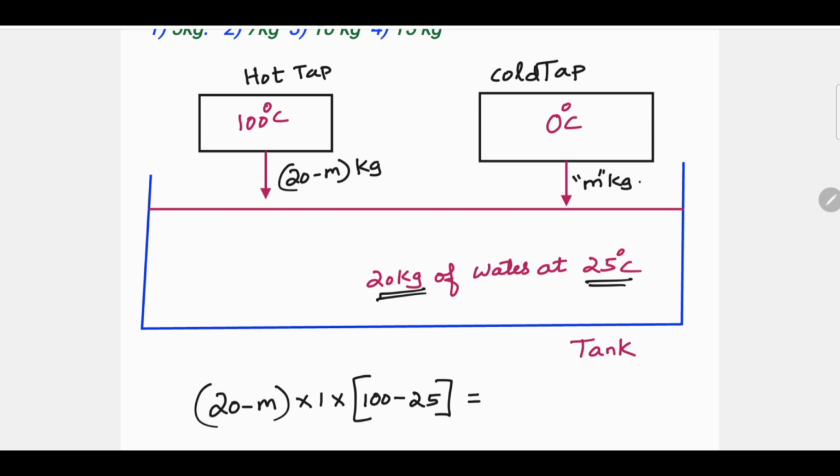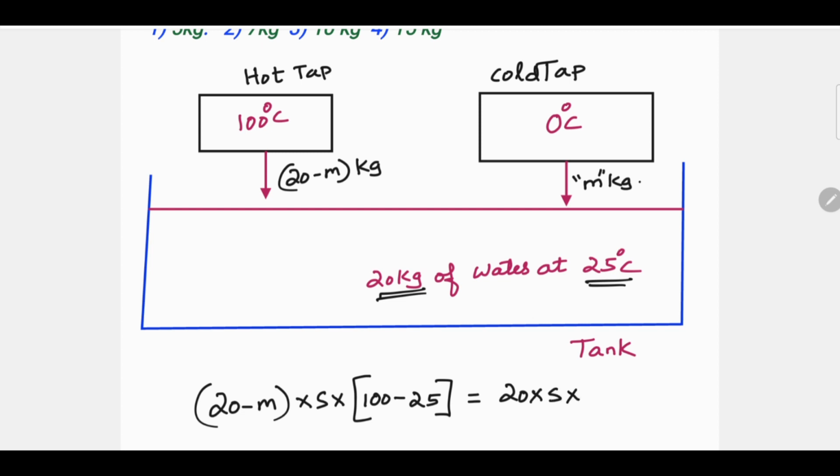So heat gained by water from the cold tap is 20 into 1. Or you can take S also. Actually in the CGS system we take specific heat as 1. Since the mass is in kilogram, it's better you write S here, no problem. Here also you can write S because from both sides it will get cancelled out.